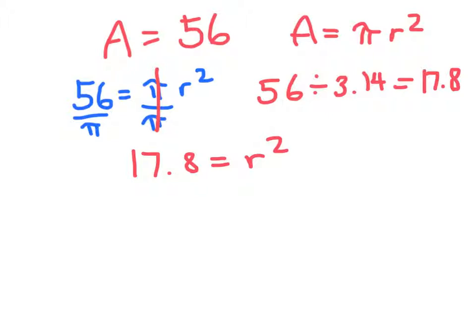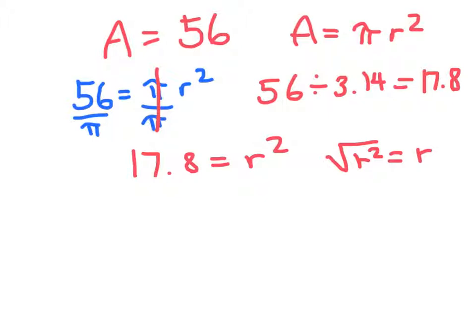How do I get rid of my exponent? Well, a little trickier, but if we think about it, not too challenging. This exponent means that I'm saying radius times radius, r times r. The opposite of that is taking the square root. So I want to find the square root of that number. The square root of r squared is simply r.